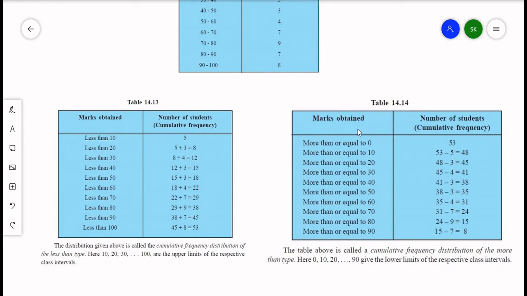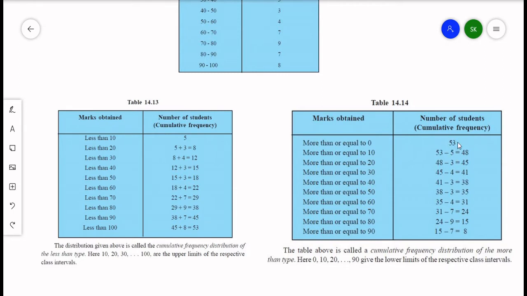And if we discuss more than type, you will see we are taking here 0, 10, 20, 30. All these are the lower limits of the respective class intervals. And in the CF column, you can see we are starting with 53.